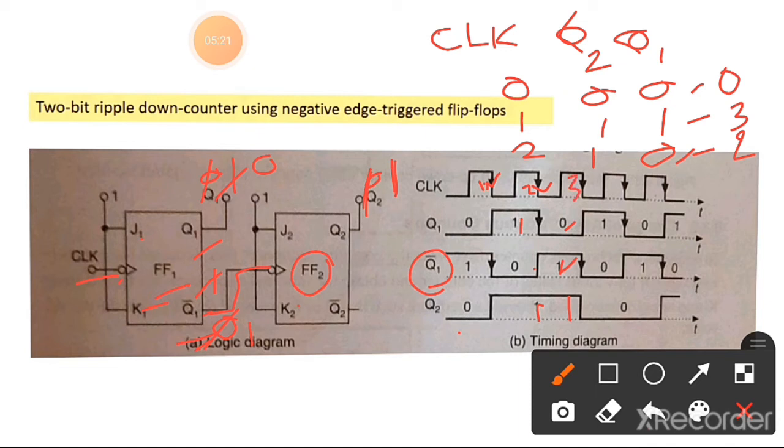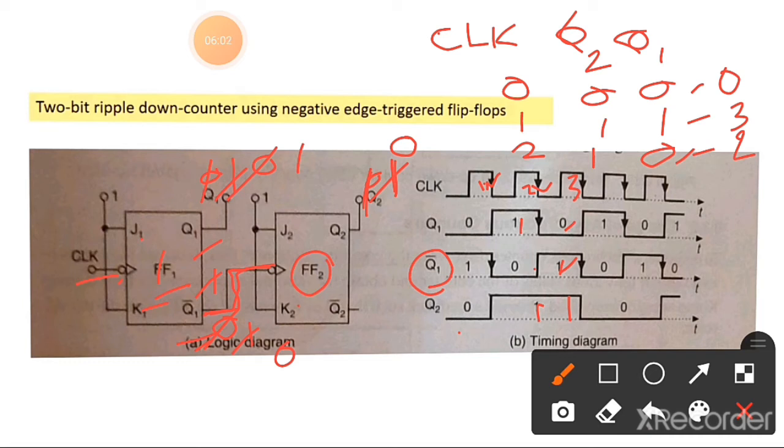Then, at the negative going edge of the third clock pulse, flip-flop 1 is toggled again. It changes from 0 to 1. Then Q1 complement becomes 0. So that 0 is a negative going pulse, applied to flip-flop 2. So flip-flop 2 will be activated again and toggled, so 1 changes to 0.